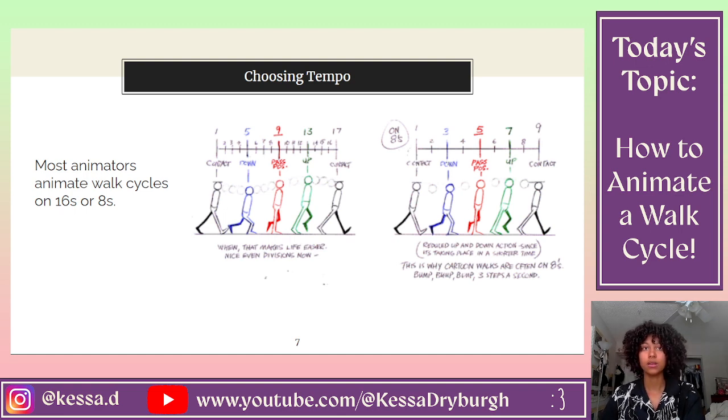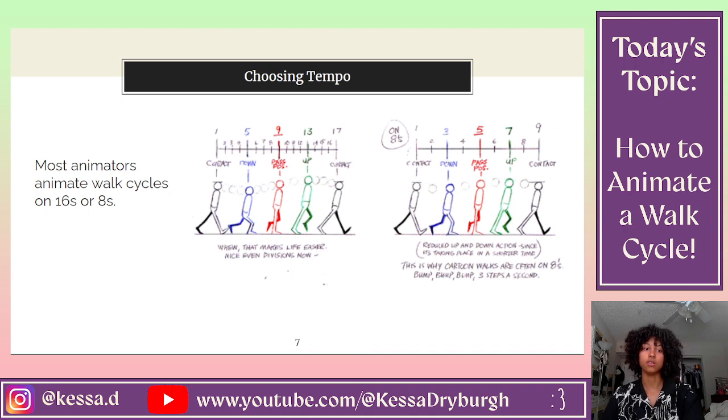The reason why these specific numbers are chosen is because it's really easy to divide the 5 poses into those numbers. So in the case of animating on 16s, one pose would happen every 4 frames, whereas with 8s, one pose would happen every 2 frames.